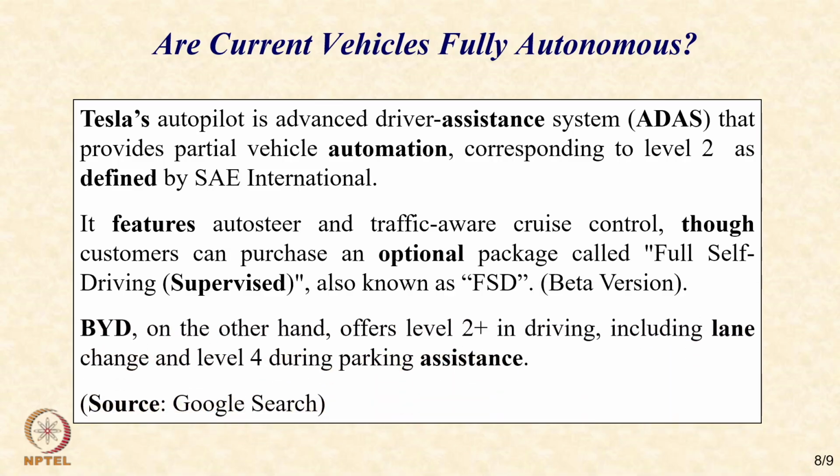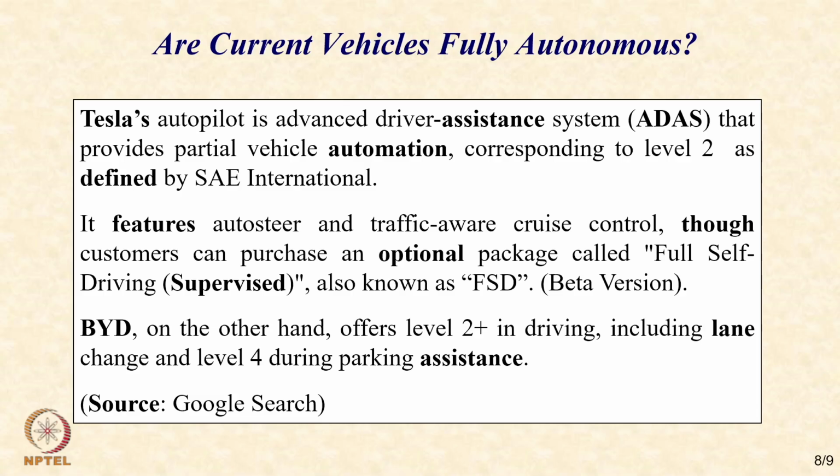There is a counterpart, another vehicle, BYD from China. It currently offers level 2 plus. It has not reached level 3, but it is slightly better than level 2 in driving. That includes lane changes, and it is almost level 4 during parking assistance, which is something similar to the FSD package, which is also being offered by Tesla.